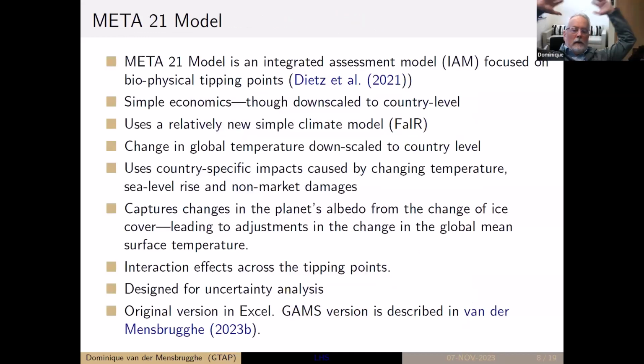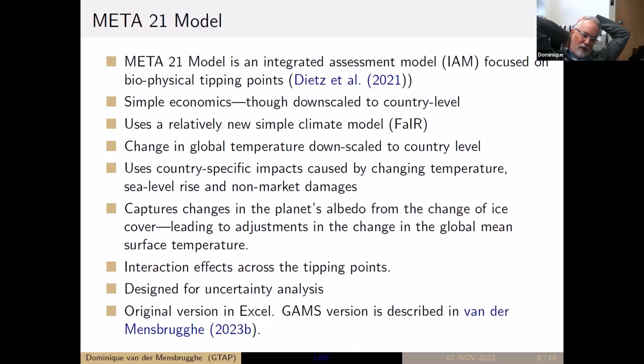So I'm going to talk a little bit about the META 21 model. This came out in 2021. The paper is by Dietz et al. Very interesting paper. It's focused mainly on biophysical tipping points. For those of you familiar with IAMs, it's kind of like a DICE model with these tipping points.